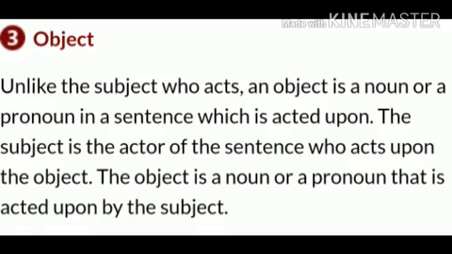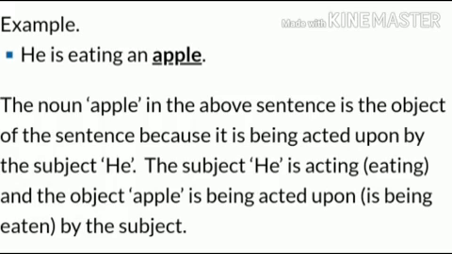What is object? Unlike the subject who acts, an object is a noun or a pronoun in a sentence which is acted upon. The subject is the actor of the sentence who acts upon the object. The object is a noun or a pronoun that is acted upon by the subject.